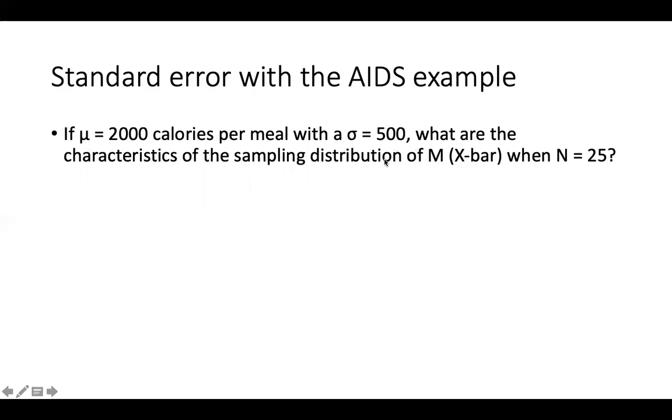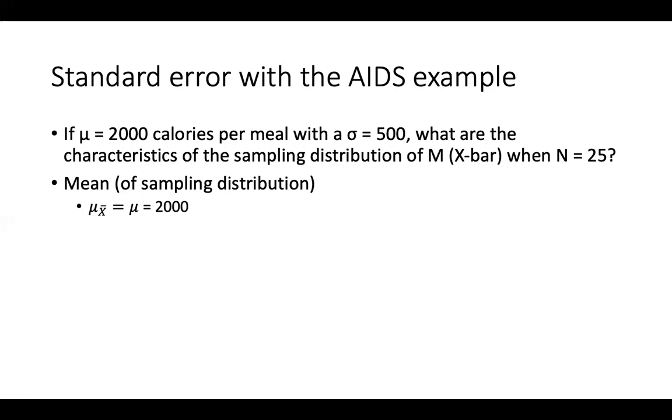What are the characteristics of the sampling distribution of the mean, X bar, when n equals 25?